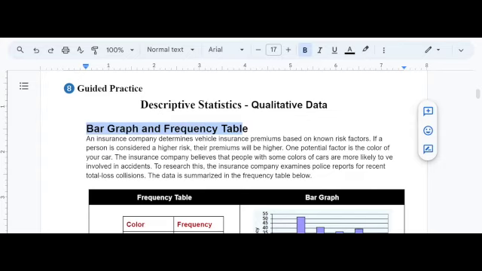If a person is considered high risk, their premiums will be higher. One potential factor is the color of your car. The insurance company believes that people with some colors of cars are more likely to be involved in accidents.